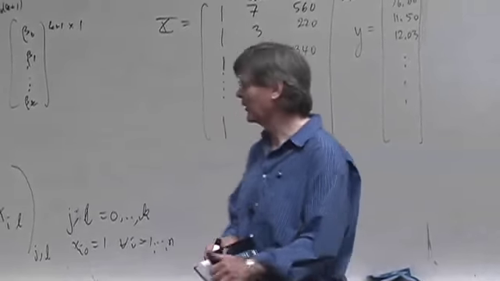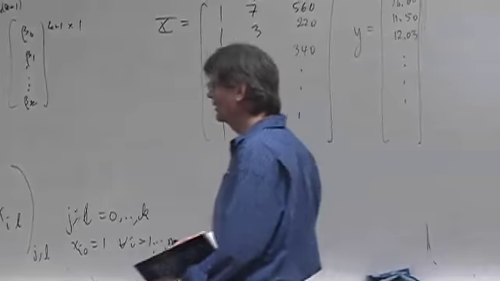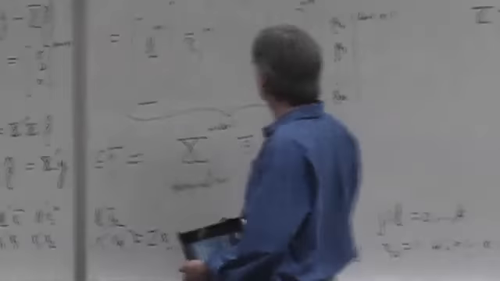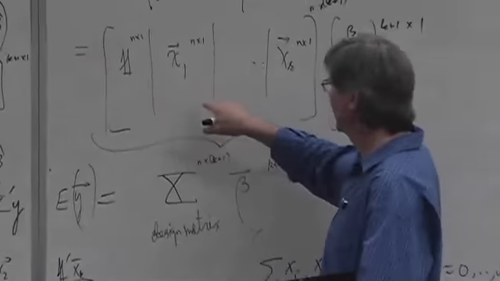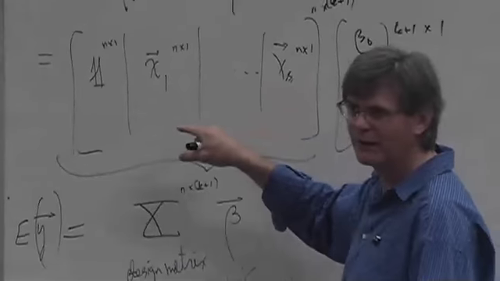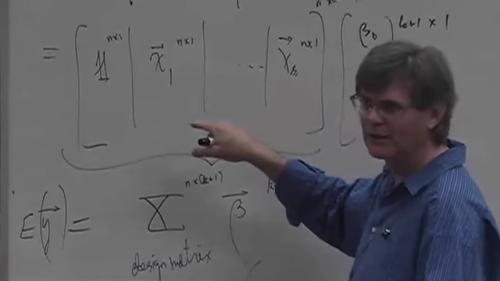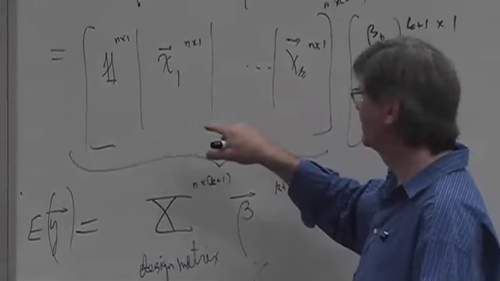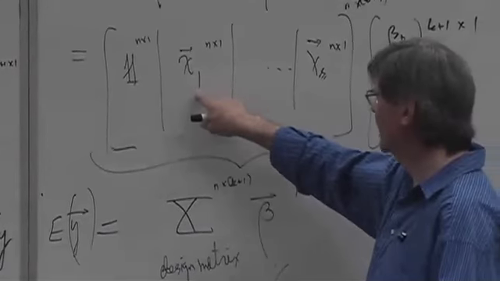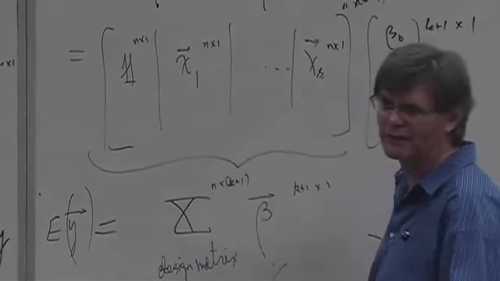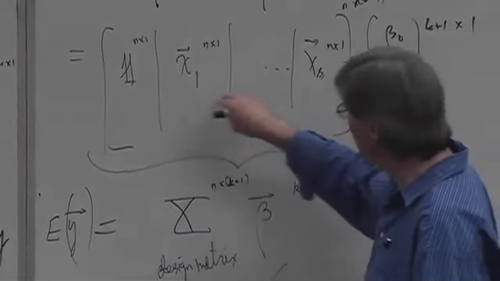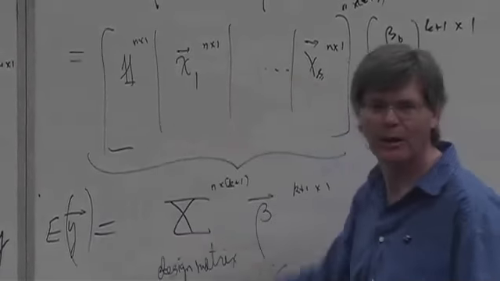Okay, so what I think of it is as follows. To get the 2, 3 entry of X prime X, I take the second column and the third column, and I take the inner product, just the inner product of columns. So it's this column into this column, this column to this column, and so on.